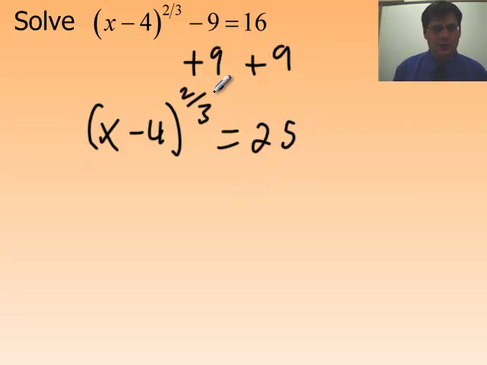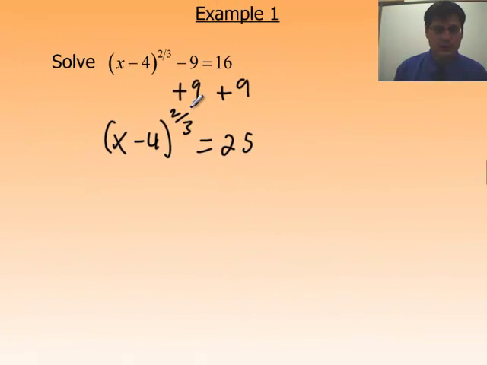Now I need to get rid of this 2/3 power, and the best way to do that is to put this to the power of 3/2, in other words, the reciprocal. Of course, what you do to one side, you must do to the other.